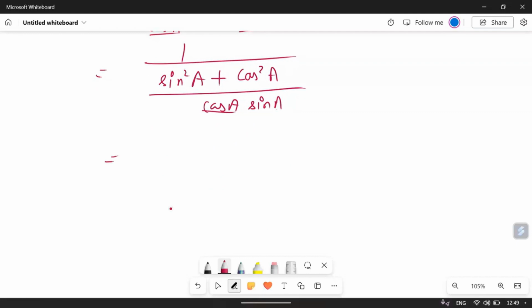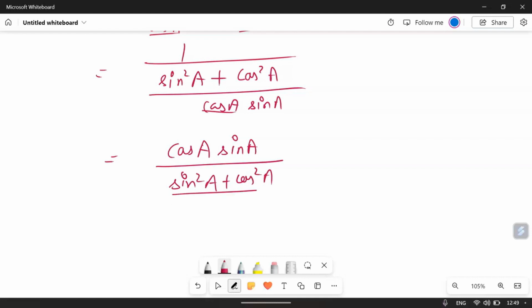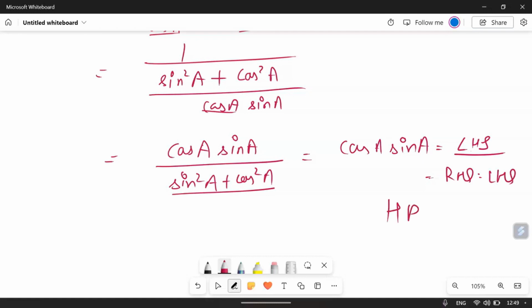When you reciprocal it, it goes up: cos A sin A divided by sin square A plus cos square A, and that is 1, so it will be cos A sin A, that is your LHS. Hence RHS is equal to LHS, hence proved.